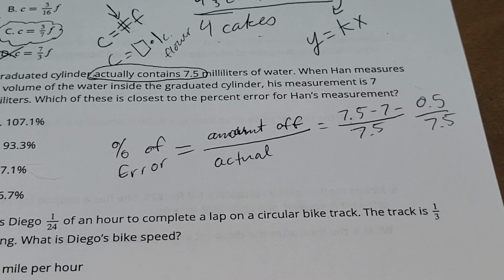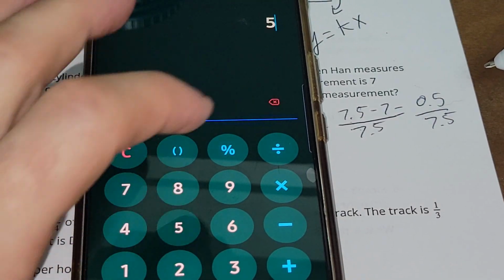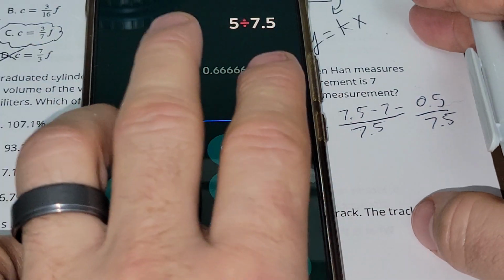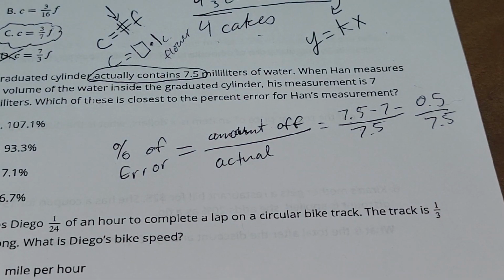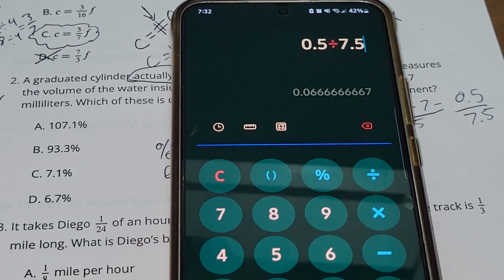Okay, so this is one that we could pull the calculator out. We can do 0.5 divided by 7.5, and we are looking at, oh boy. Okay, I apologize.